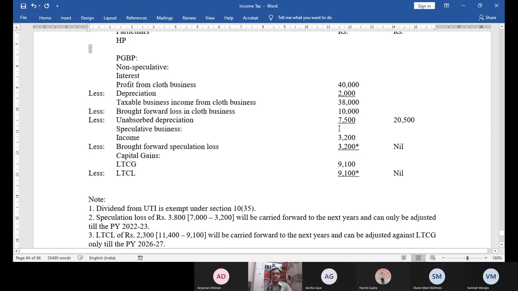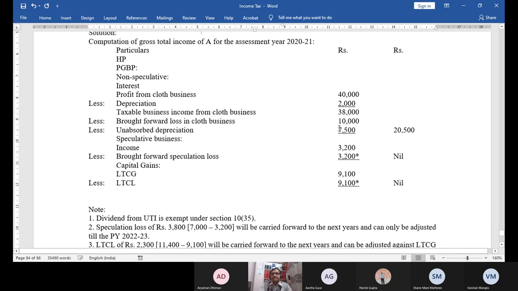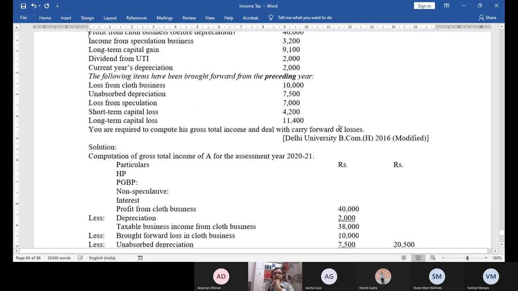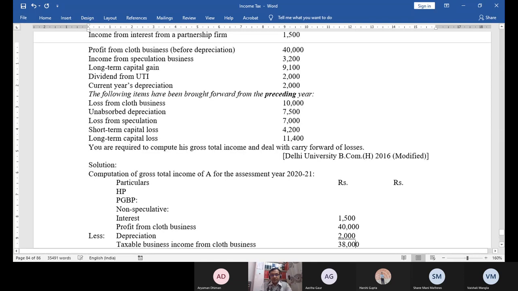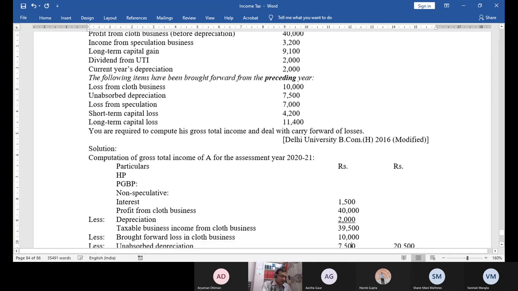HP income was 2 lakh. Interest I forgot to write. Interest is 1,500. I forgot to write interest also. That is 1,500. So it becomes 39,500. You can do this calculation correction.